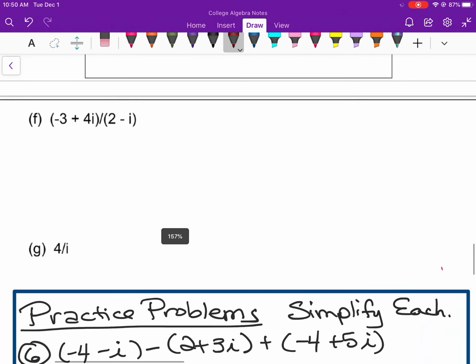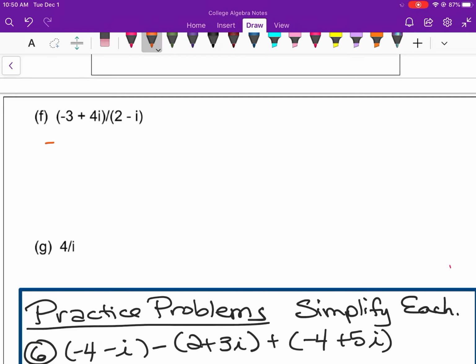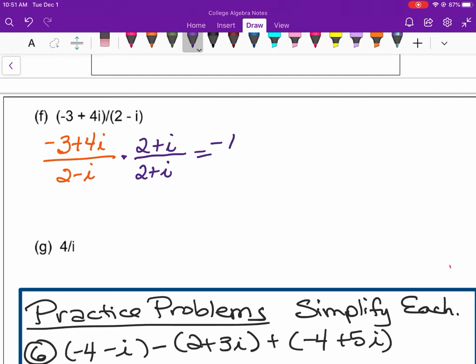Okay, we're going to try that again on F. So -3 plus 4i over 2 minus i. And again, you want to get rid of the i in the denominator, and the best way to do that is to multiply by the conjugate of the denominator. We FOIL on the top.